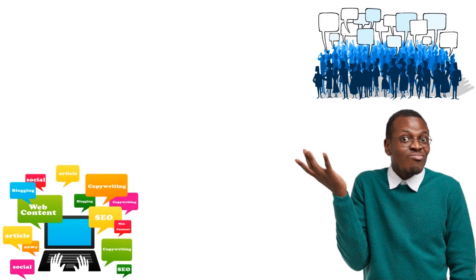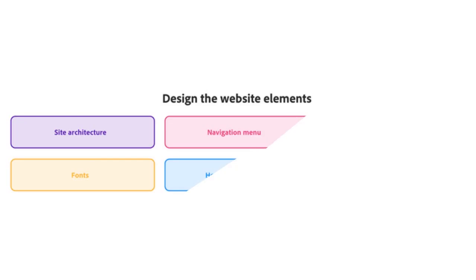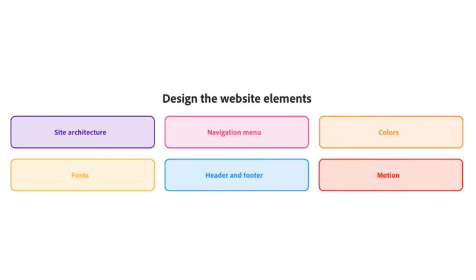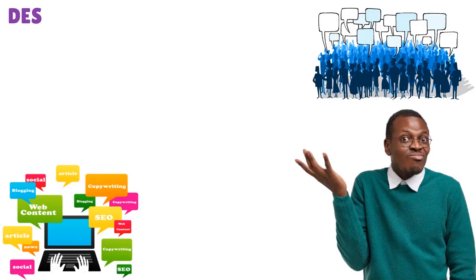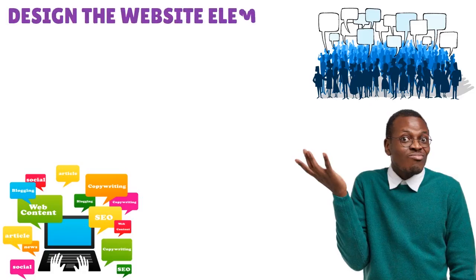Okay. So when it comes to the website elements, you have the site architecture that I'm showing you on the screen. You have the site architecture, the navigation menu, the colors, the fonts, the header and footer, and the motion. One thing I've seen in the last 20 years is that when it comes to web design knowledge, you have a certain agility when it comes to the website elements.